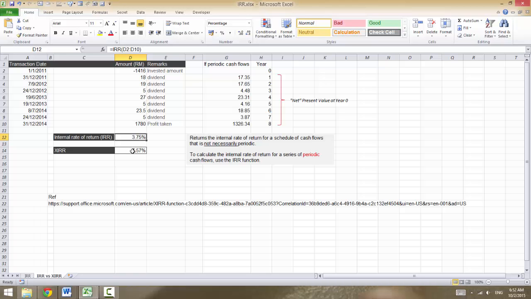As for XIRR, it is kind of double the internal rate of return, because it considers the durations of the money invested and the durations until you took the dividend.